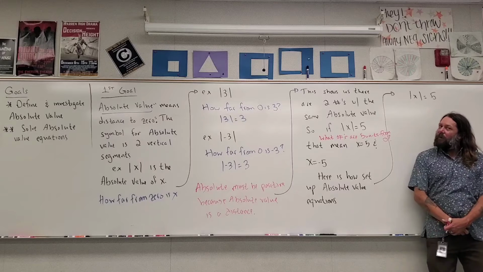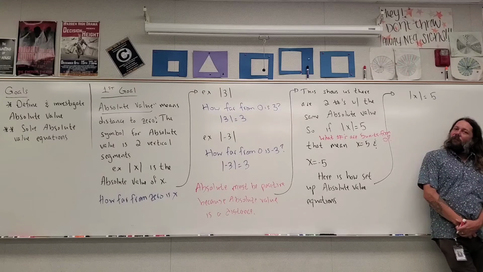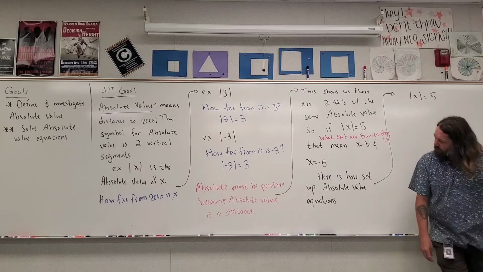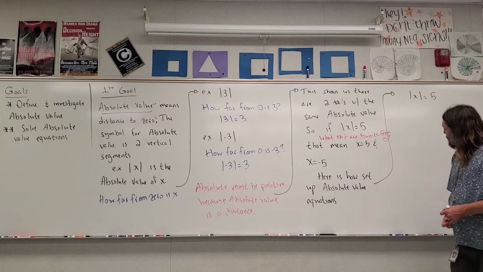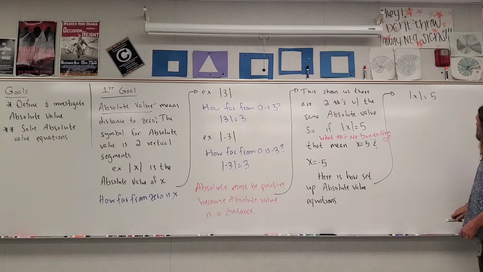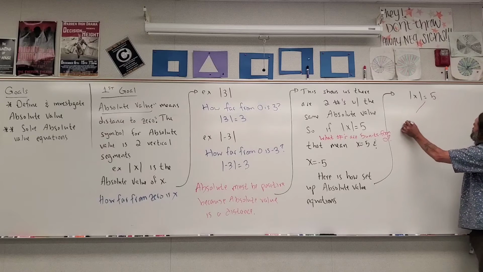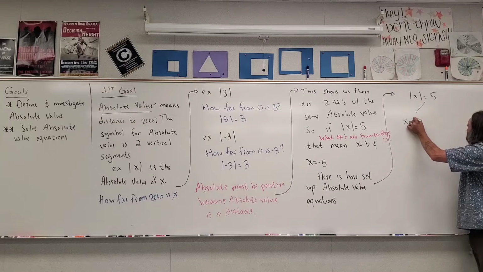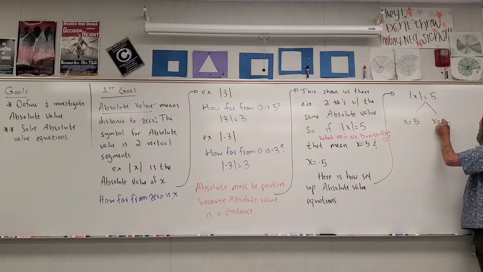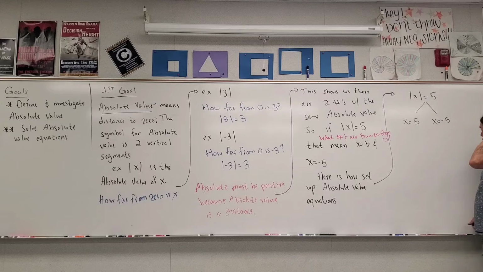Now that we know there are two possibilities for absolute value outcomes, we can go into setting up equations. Here's how we set up absolute value equations. What numbers are 5 units from 0? There are two possible numbers, so we're going to split this up. I can have a distance that's 5 units away on the right side of 0 on the number line, and a distance that is 5 units away on the left side of 0.